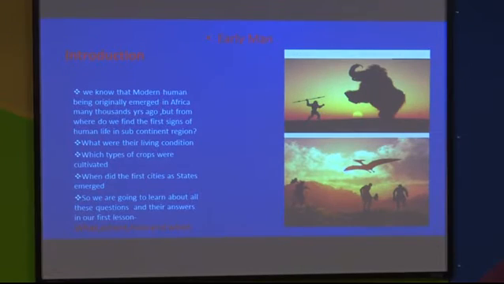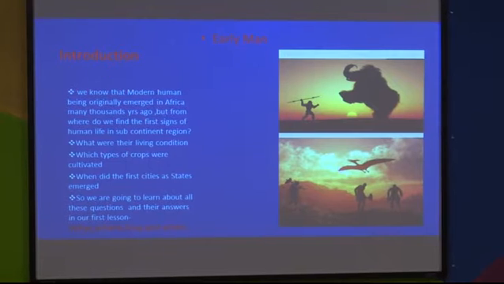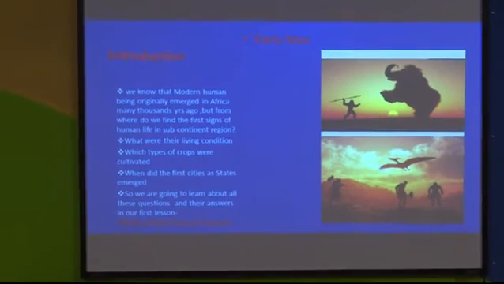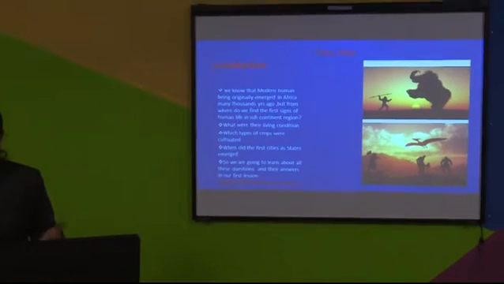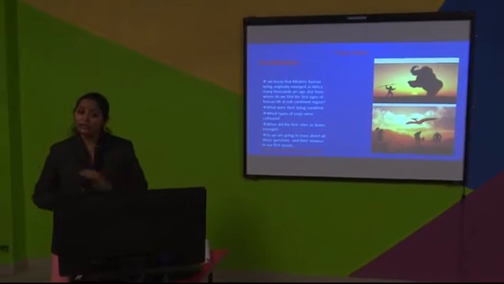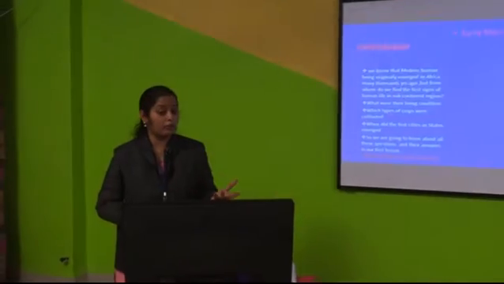Now as you know, modern humans originally emerged in Africa many thousand years ago. But where do we find the first signs of human life in the subcontinent region? What were the living conditions?